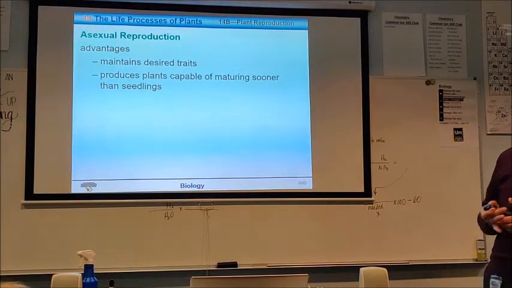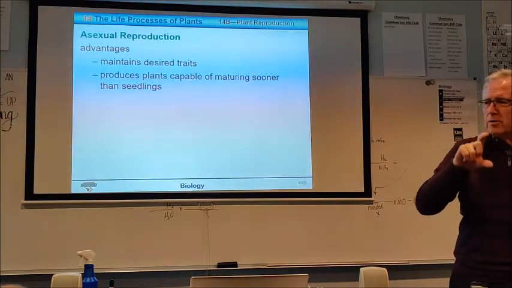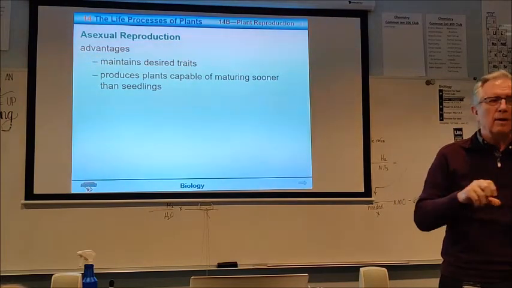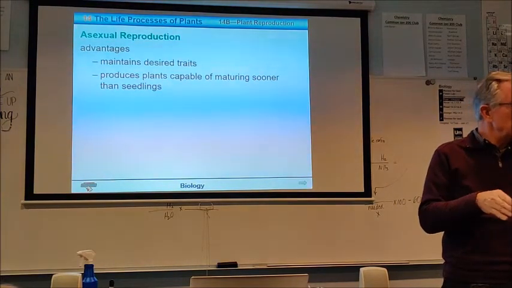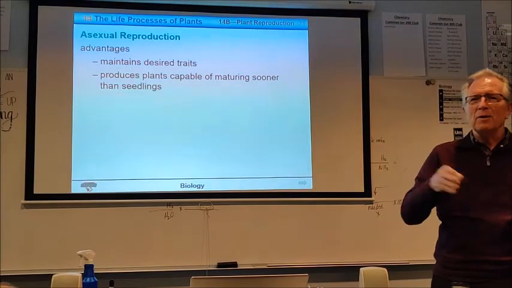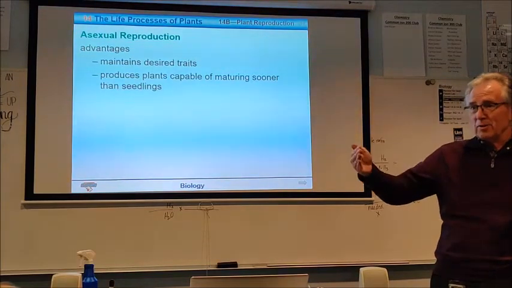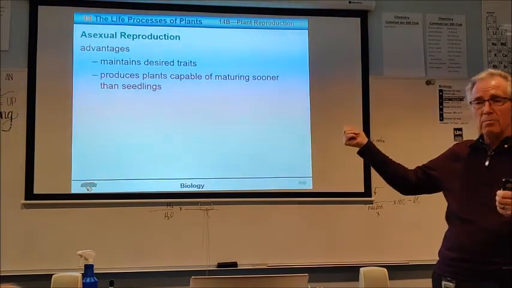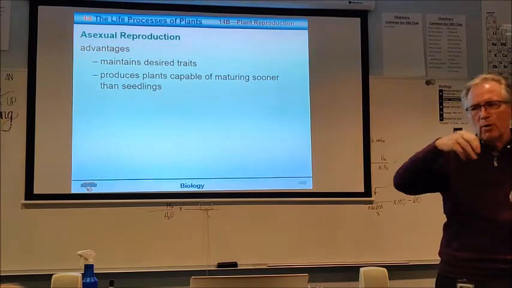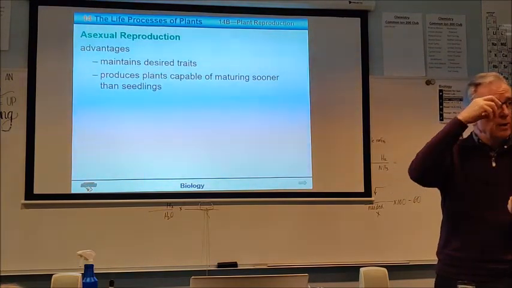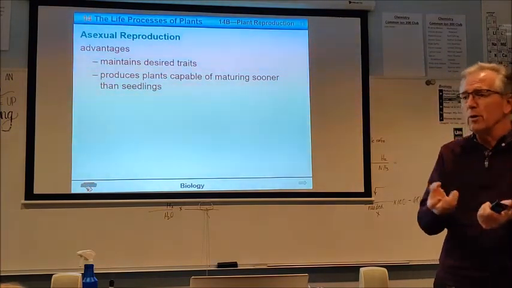And if you are growing a certain kind of plant, you can speed up the process of getting new plants healthy enough to sell if you do this method, because a large portion of the plant has grown, and all we may have to do is grow new roots.